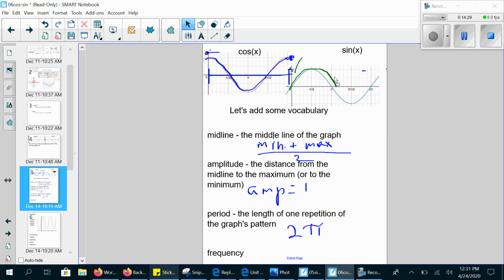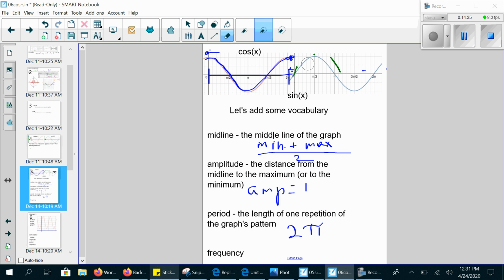In order to get the whole pattern, I need to trace the graph from where it starts at the midline, up to the maximum, down to the midline, down to the minimum, and back to the midline. And that is where my graph starts to repeat itself again.